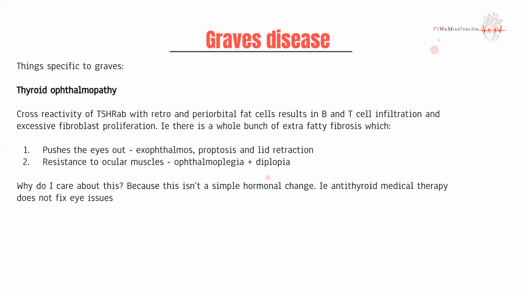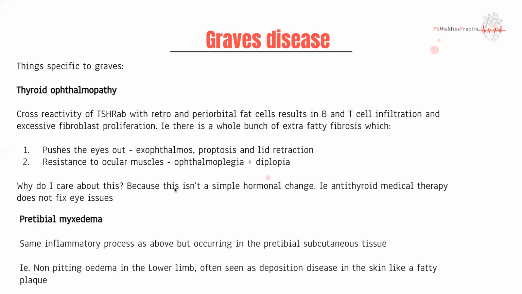It's completely immune, unrelated to thyroid issues. So unless we can somehow suppress the autoimmune process going on, you cannot reverse or fix this eye issue, which is why it's relevant. So patients may ask, so doc, you put me on this new medication and my symptoms have improved, but my eyes are still wonky. And that is why it happens.